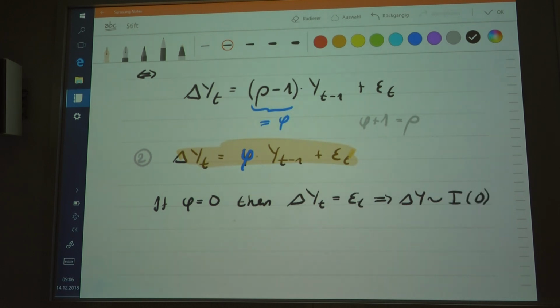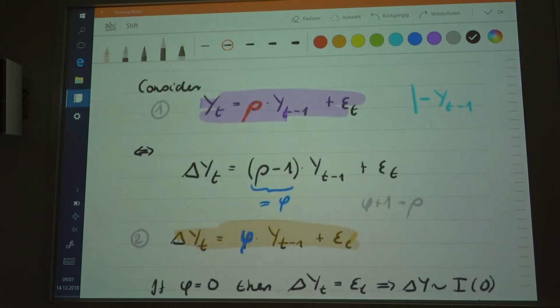If the difference of the process is integrated of order 0, this means, equivalently, that the process itself is integrated of order 1. That's basically how the corresponding test works. Either you test phi for 0, or you can also test this process for 1, because if this coefficient rho is equal to 1, then this process is a random walk.